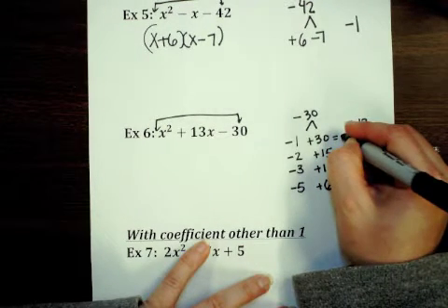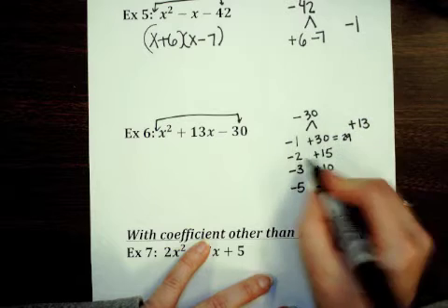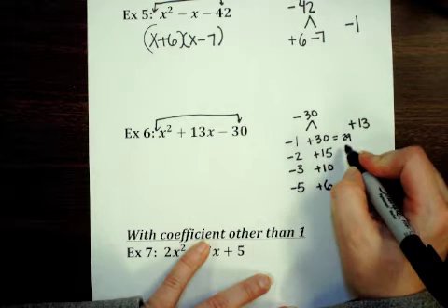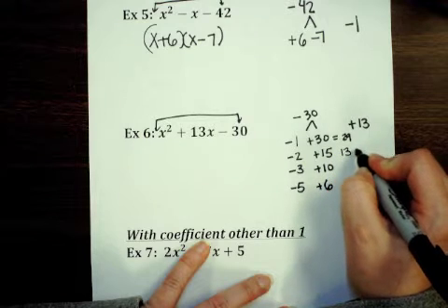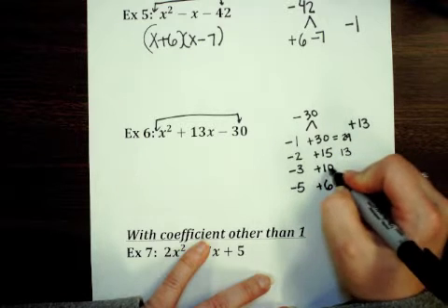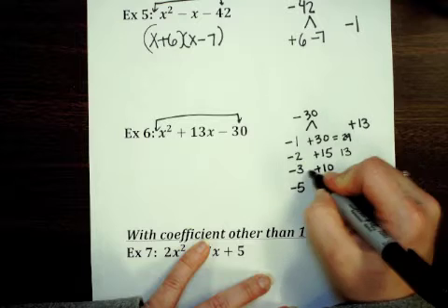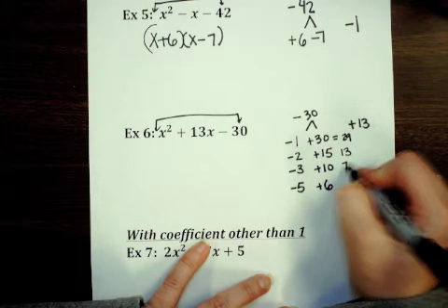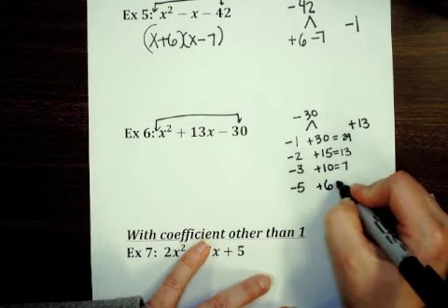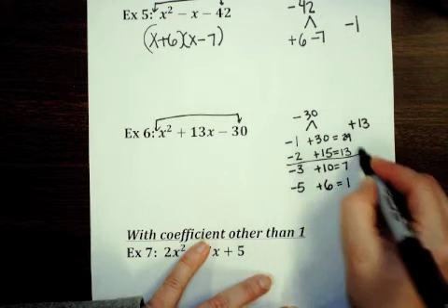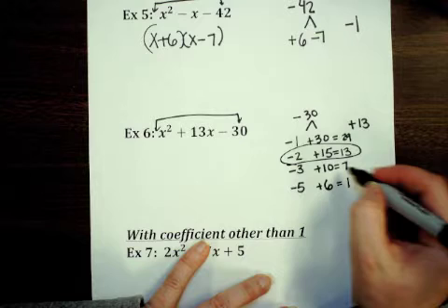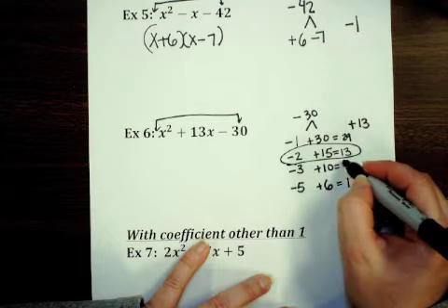Well, here I get 29. That's not what I need. Here I get positive 13. Oh, that's what I needed. But in this one, which is one y'all probably would have picked, the 3 and the 10, I get 7 out of that. And then, of course, this one is 1. So this is the one that I need, not the 3 and the 10.